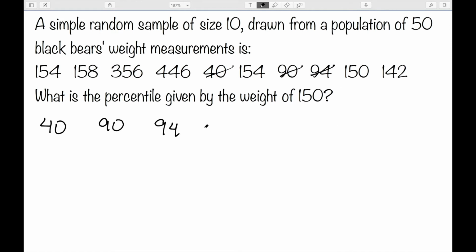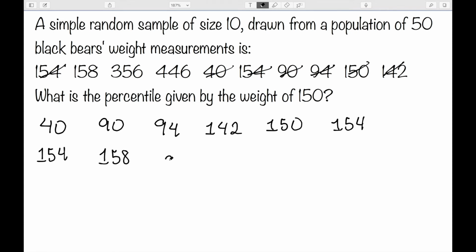The next lowest one is 142. And then 150, 154. We have a second value of 154. We then have 158, 356, and 446.